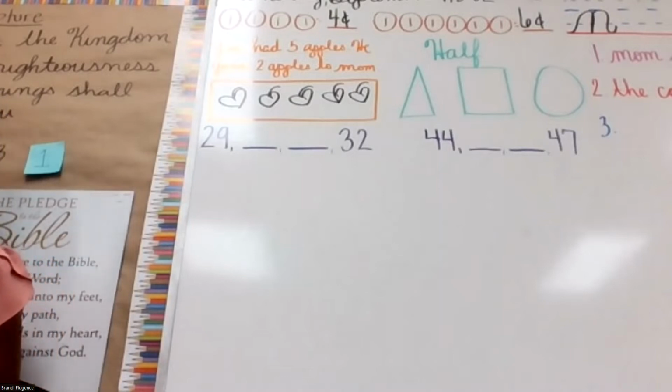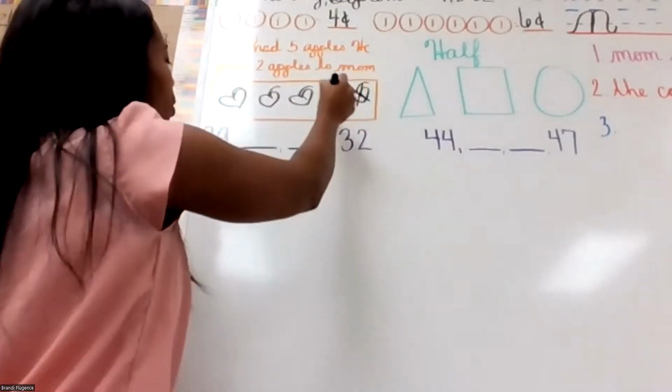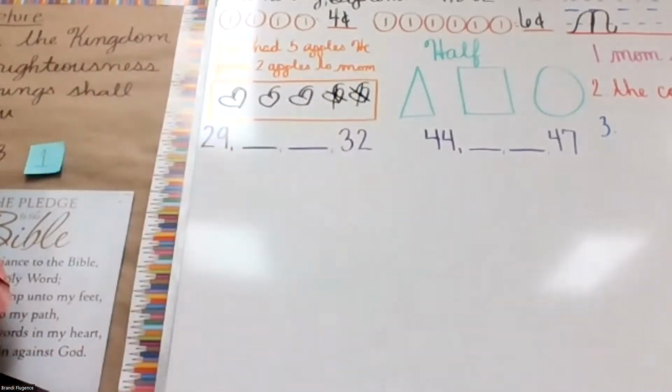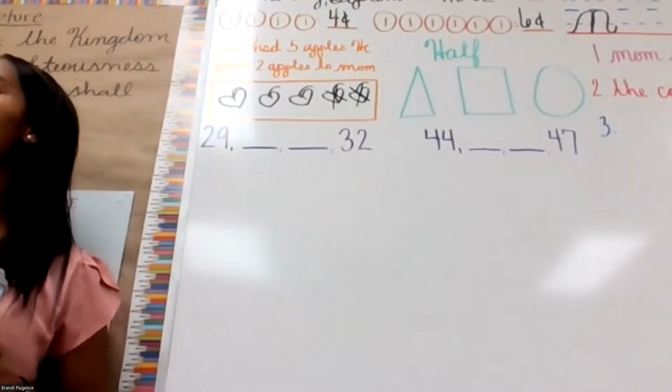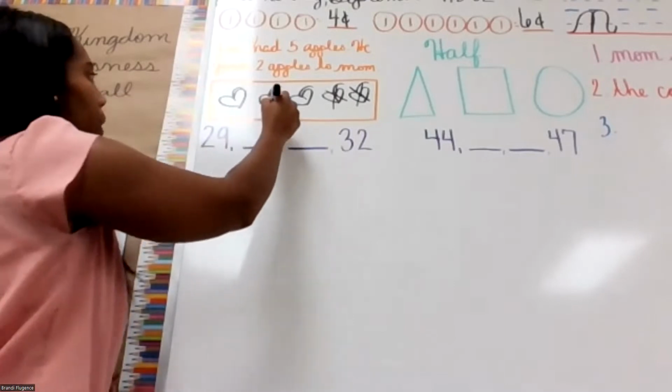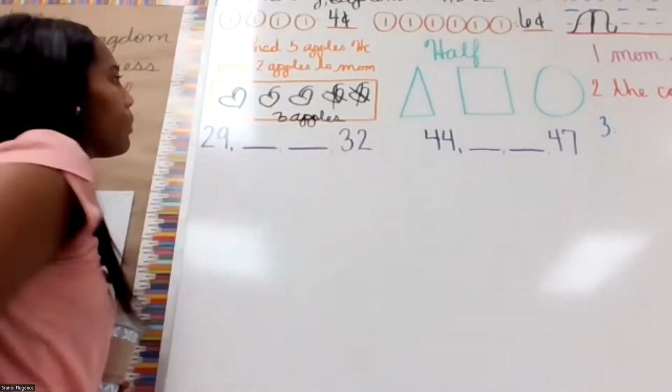How do I show that, Kendall? You cross it out. Cross out two. 1, 2. So how many apples does Joe have remaining after he gave two away to Mom? How many does he have remaining? 3 apples remain. Good. That's a story problem.